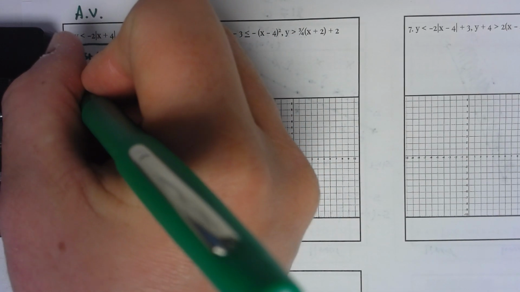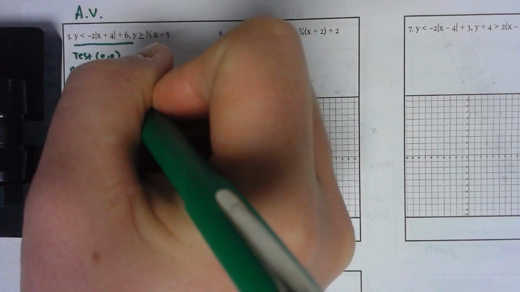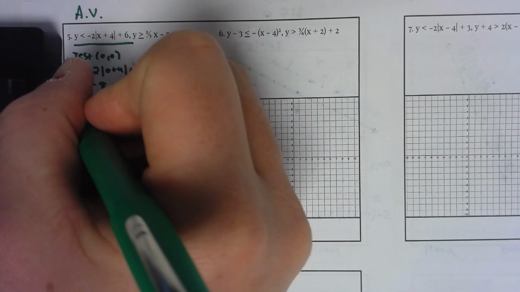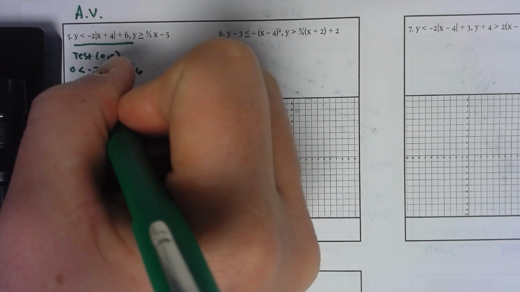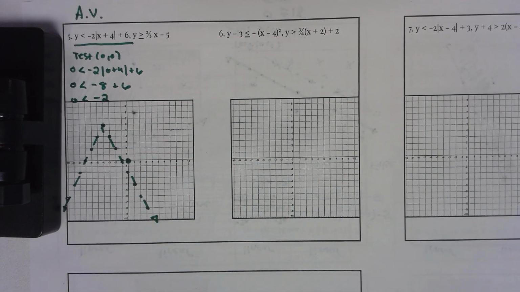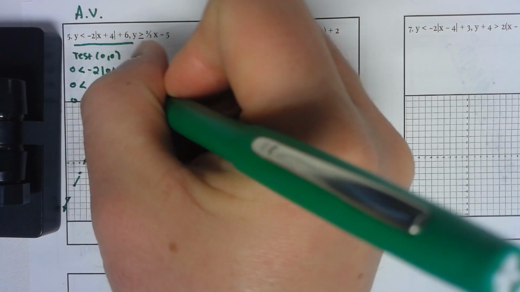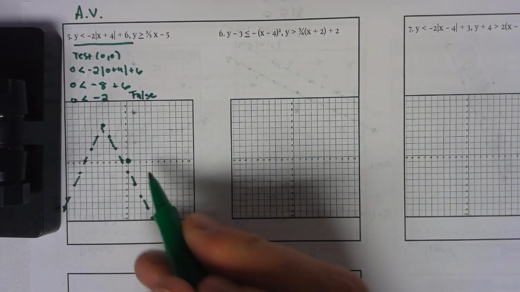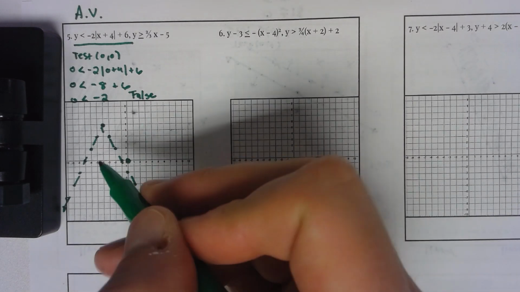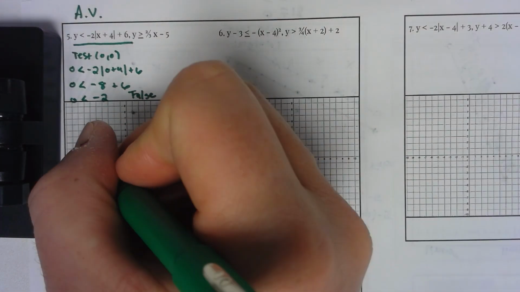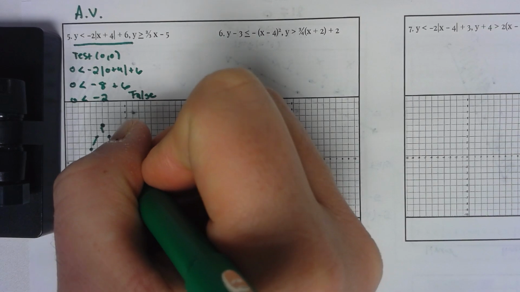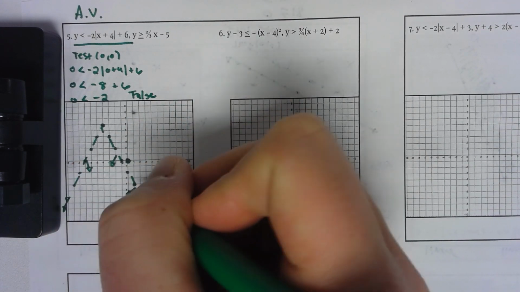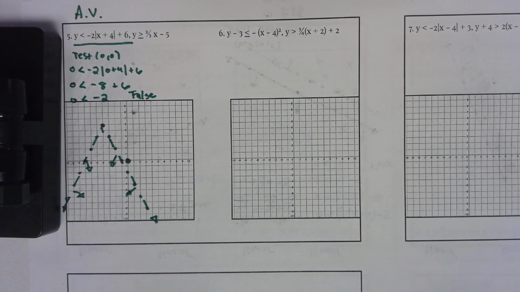So 0 is less than -8 + 6, where -8 + 6 is -2. So 0 is less than -2. That's false, telling me we don't want to shade the part that includes (0, 0). In our case, that's the inside of this V. And I'm going to draw some arrows reminding me to do that.